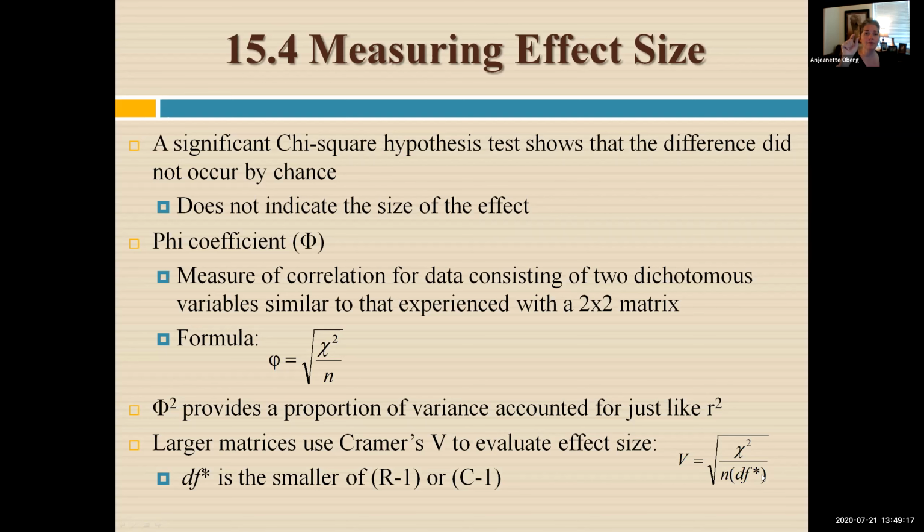This degrees of freedom formula corresponds to the Cramer's V, not to the chi-square, okay? So you're going to use either the smaller of row minus 1 or column minus 1. Whichever one's smaller is your degrees of freedom for the Cramer's V, okay?